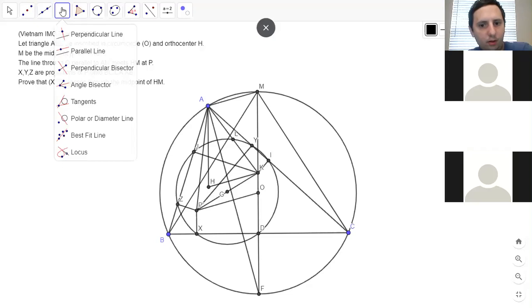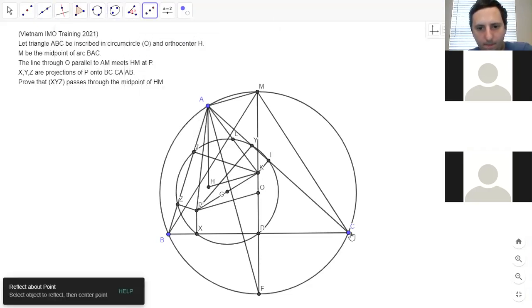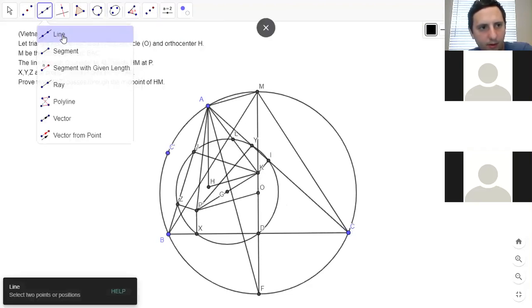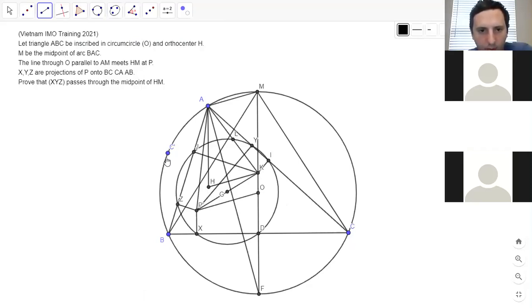Basically, if I draw the antipode of C, then angle ABP prime is equal to angle CBM. So let's think about what that means. That means AB and BM are isogonal with respect to C prime BP prime.